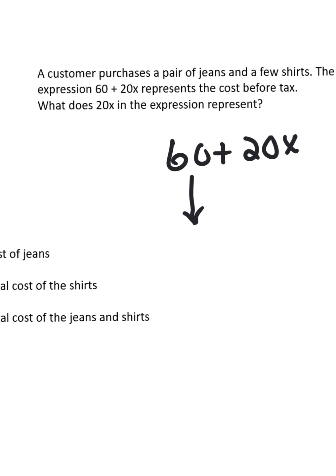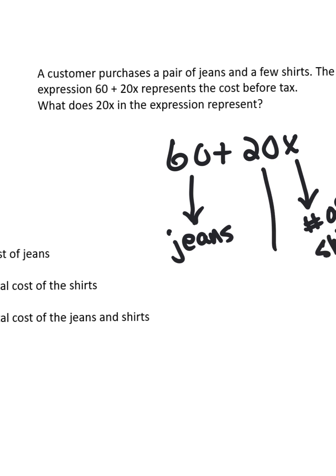So the cost of the jeans is going to be $60. In the 20x expression, x tells me the number of shirts, and 20 is the cost of each shirt.